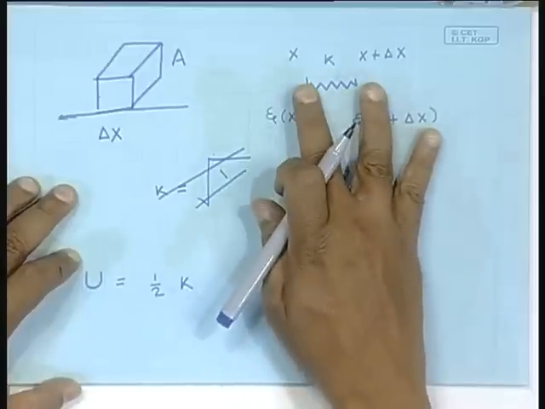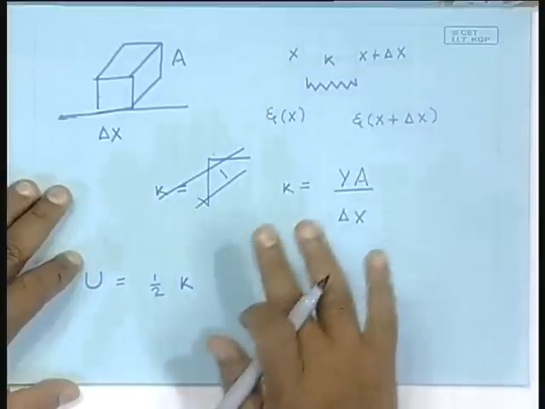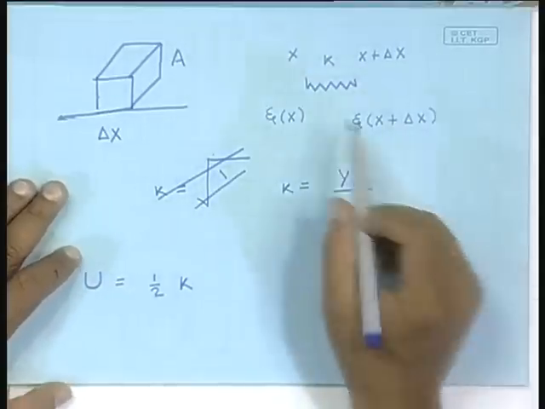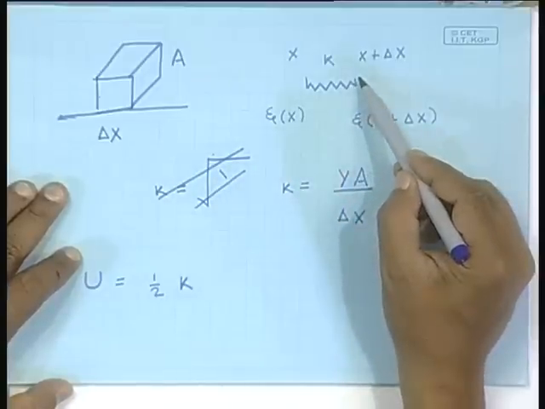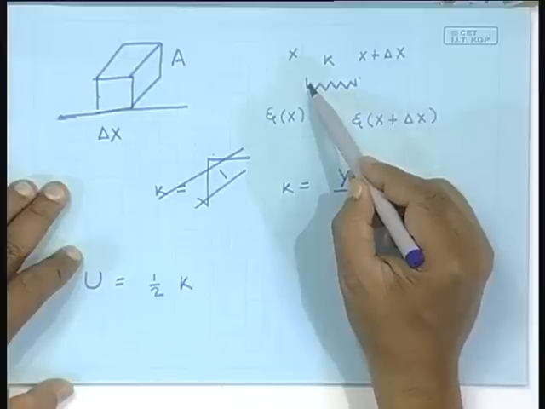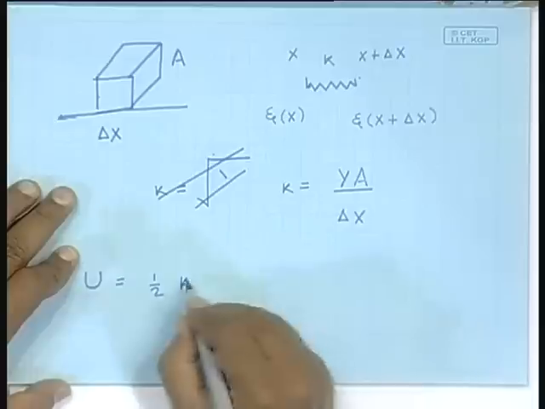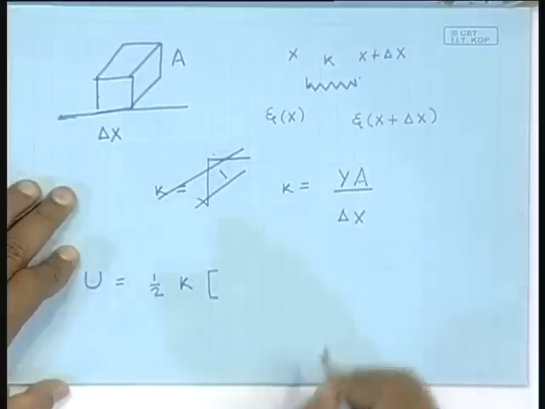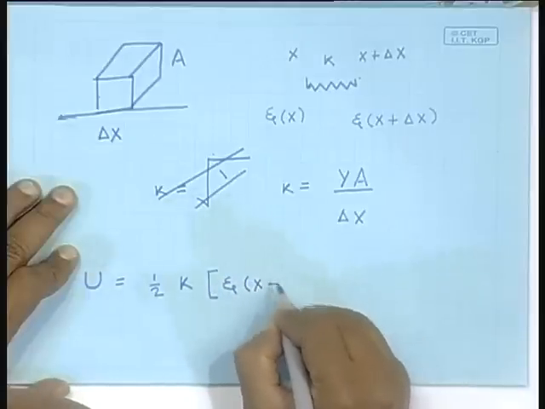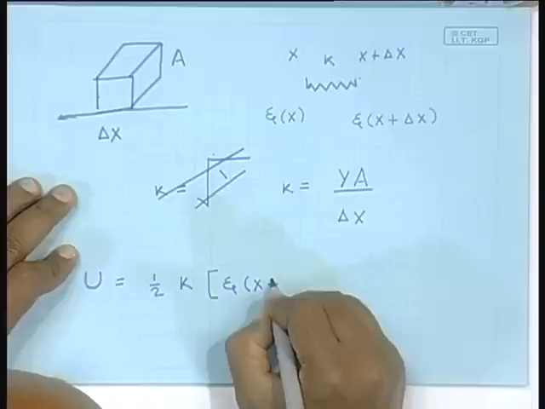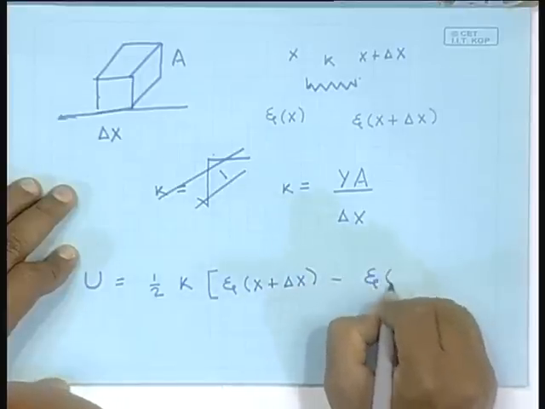If I move both ends of the spring by exactly the same amount, there will be no deformation of the spring, there will be no change in the length of the spring. So, the change in the length of the spring is the difference between the displacement of this end and the displacement of this end. So, the potential energy of the spring is half K into the change in the length of the spring, squared, which we are all familiar with. The change in the length of the spring is xi(x plus delta x) minus xi(x).